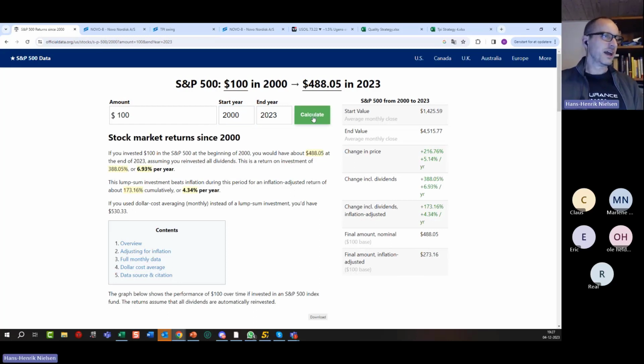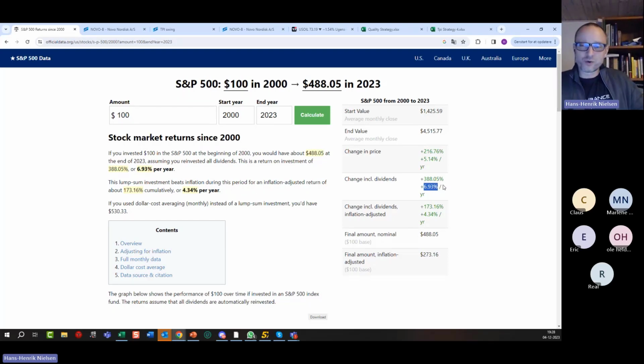Now, since 2000 and up until today, the S&P 500 has actually only yielded 5.14% per year. Then, of course, there are some dividends sending it up to roughly 7% here.